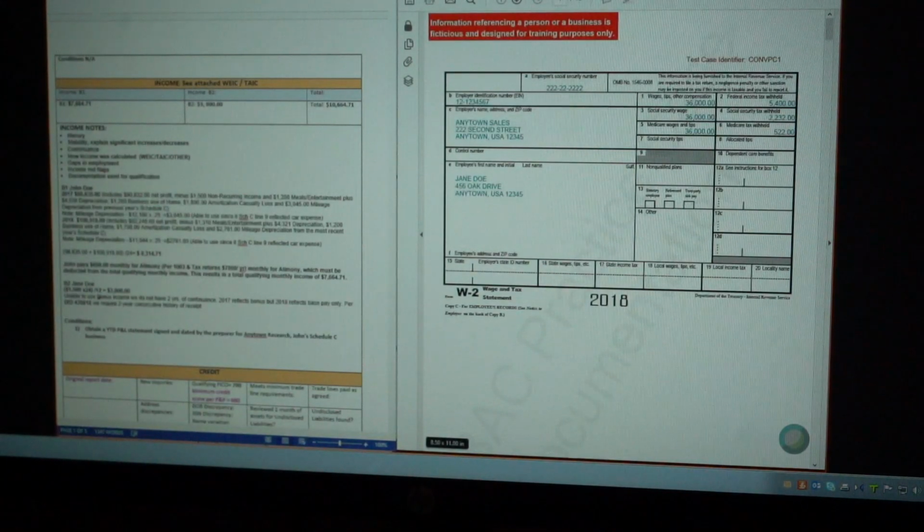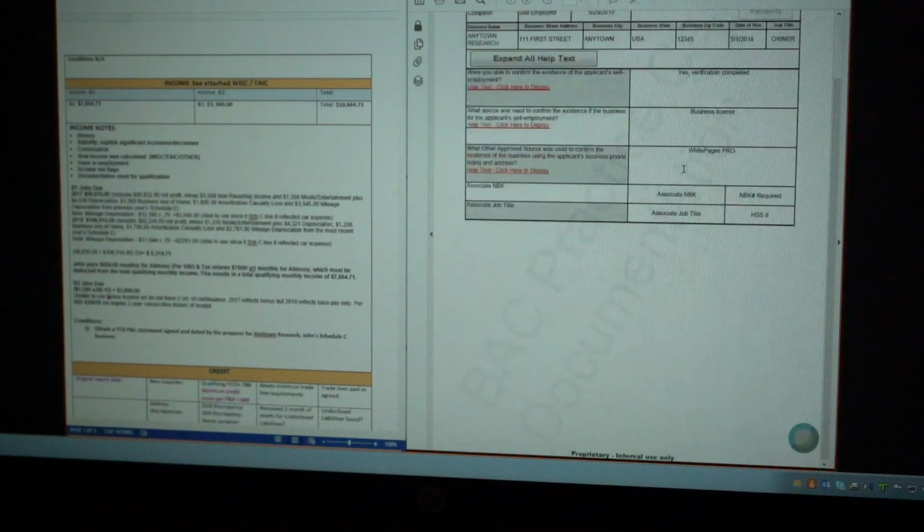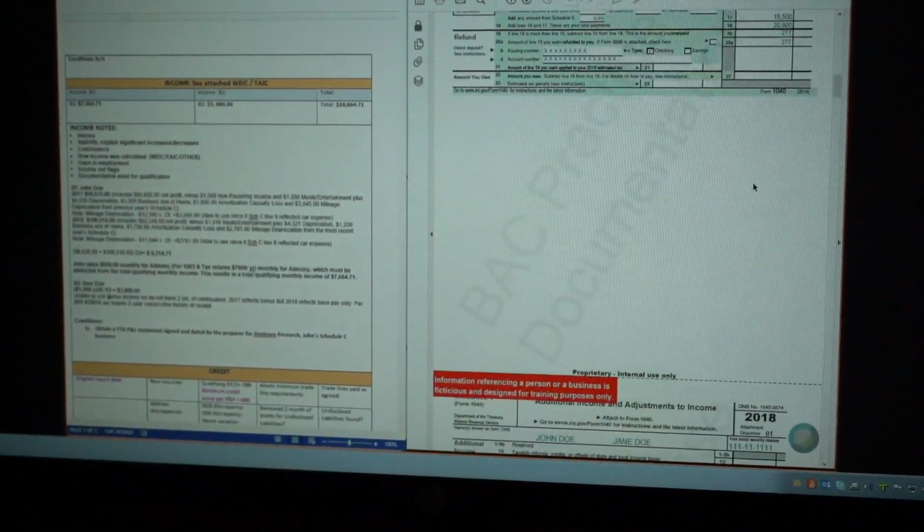For borrower number 2, this is John. Same thing, we're going to look at the verification of employment, how long they've been employed. They're self-employed, so there's nothing else to look at there. Make sure that everything is correct. Let me look at the 1040s. So the income from the 1040, because this borrower is self-employed.